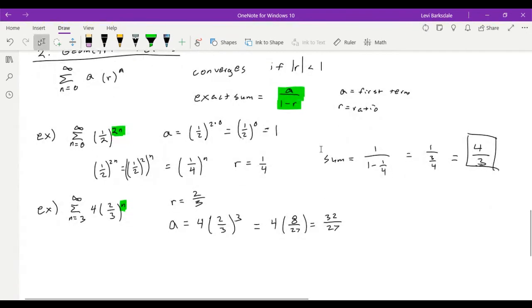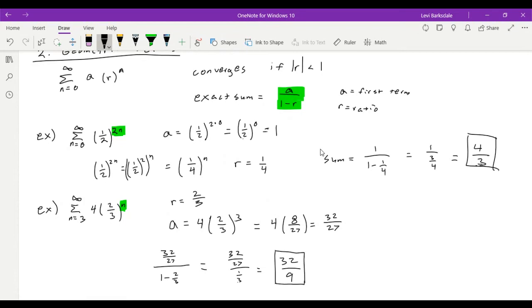Then our exact sum is our first term, 32 over 27, over 1 minus 2/3, where 2/3 is our ratio. And if we simplify that, we get 32 over 27 over 1 over 3, which gives us 32 over 9 as a final answer, I believe. Yes, yes.